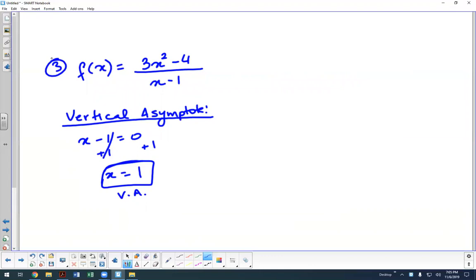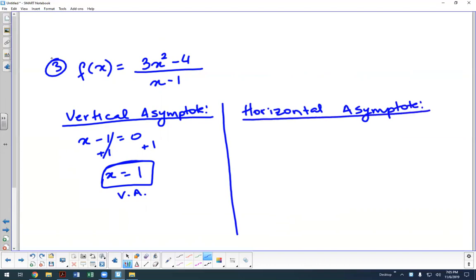Let's see what happens if we try to calculate our horizontal. This is where we take the larger degree and divide each term by that larger degree. So that should be x squared in this case, and divide everything by x squared.